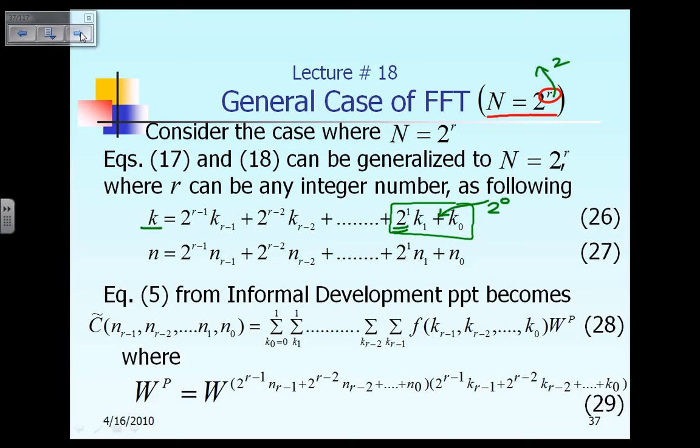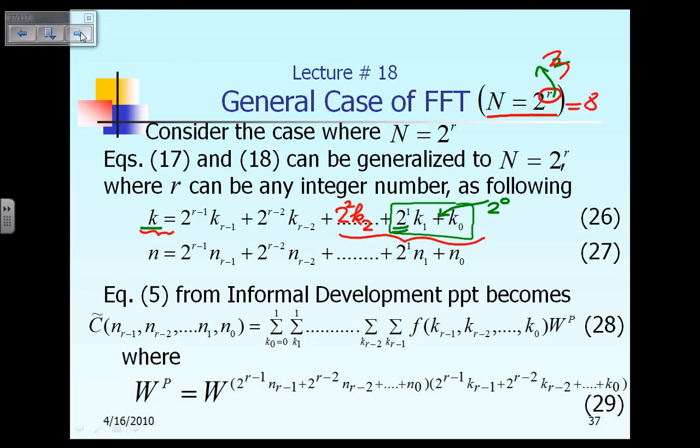Then, after that, I said, well, what happens if r here is equal to 3? In other words, N is equal to 8 data points. Well, in that case, we have to add another term in here, which is 2 to the power 2 times k2. So, for that situation, the value of k should have 3 terms, as I indicated by the red color there in equation 26. So you can see very clearly, right?